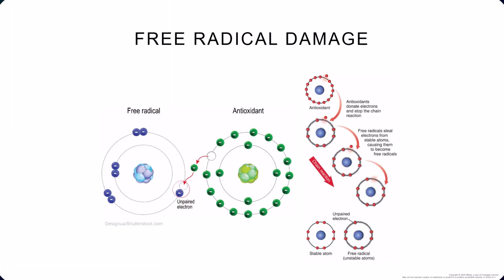So free radicals are chemically active atoms or molecules that have unpaired electrons, which makes them unstable, and that can speed up the aging process. Molecules can lose electrons due to damage from UV rays, the environment, poor nutrition, unhealthy lifestyle, or injuries.